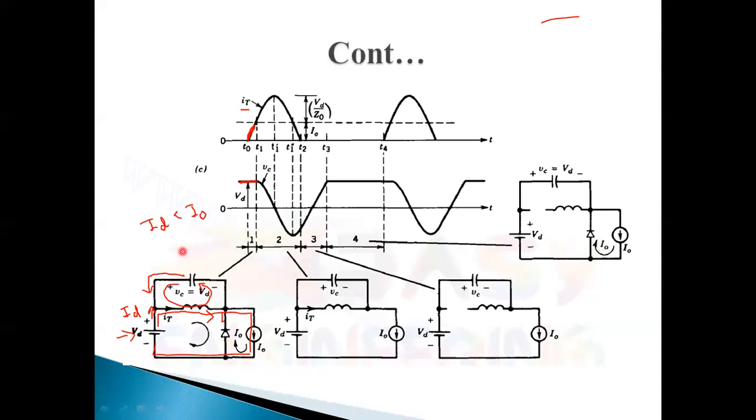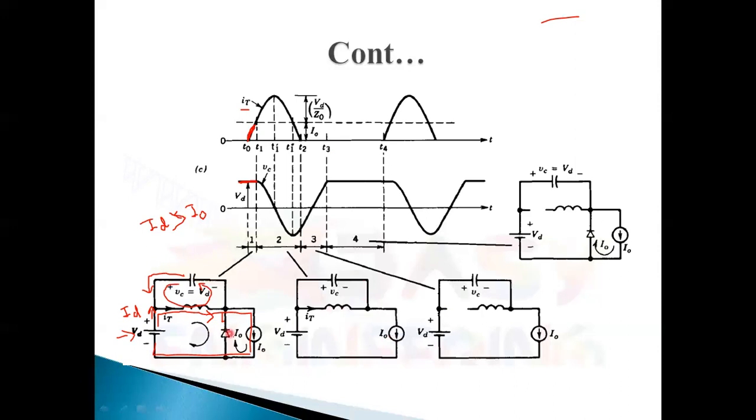Okay, but when the condition changes and ID is greater than I0, which is in second mode, the diode is erased from the circuit because the diode is in off condition.